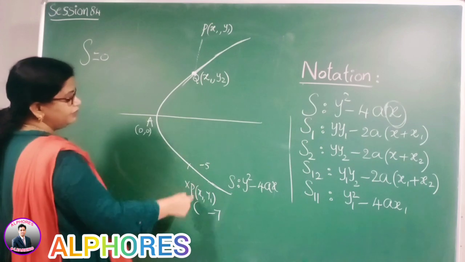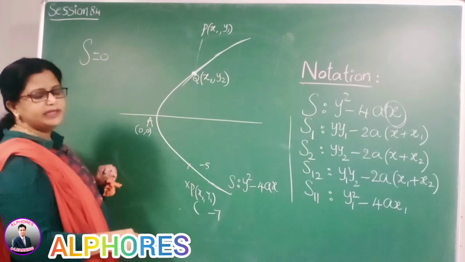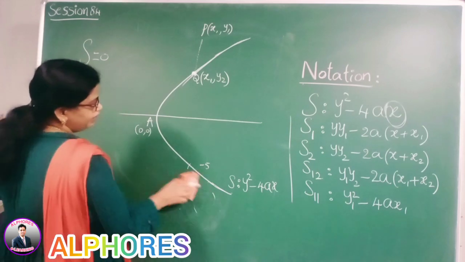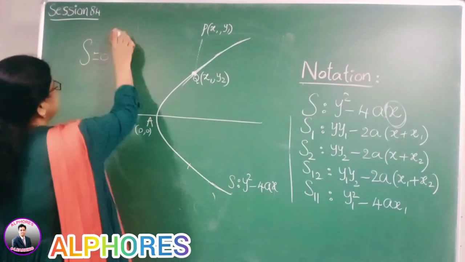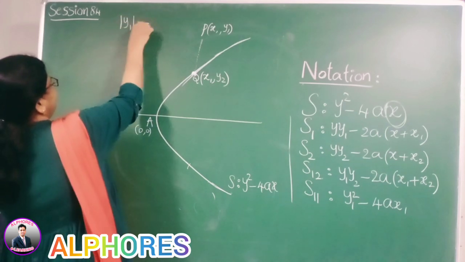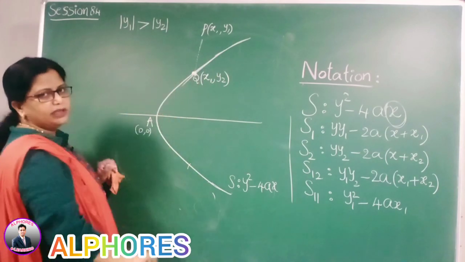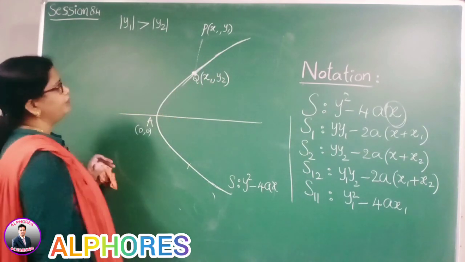That time we have to take only lengthwise ordinate, lengthwise, that's why we use mod here, okay. So in general what we are writing is mod y1 is greater than mod of y2, wherever the point P is on the plane outside the curve, okay.